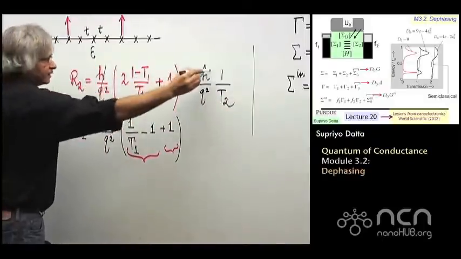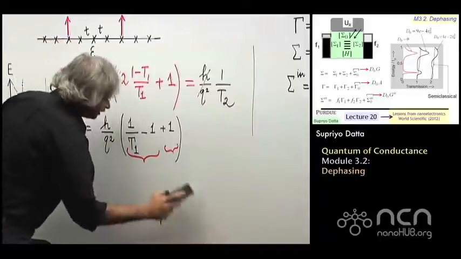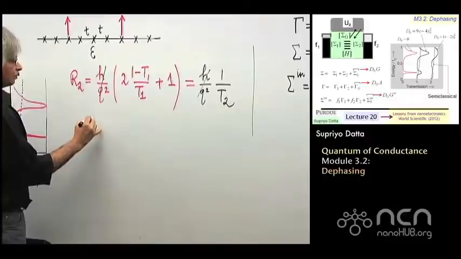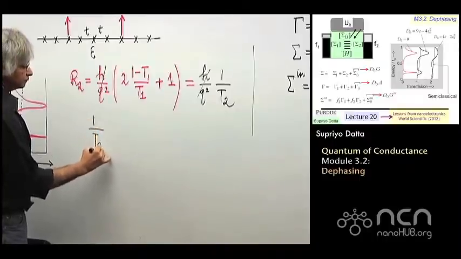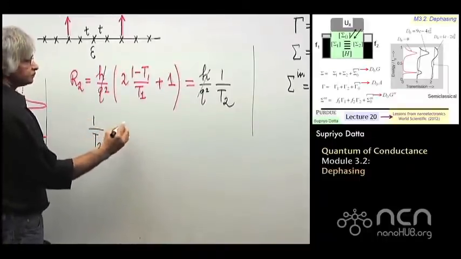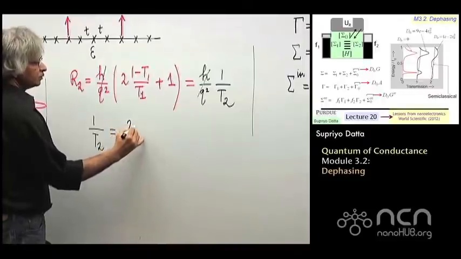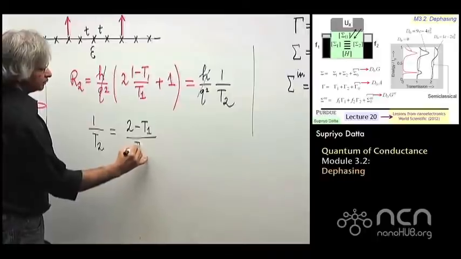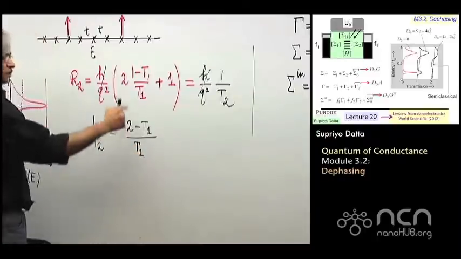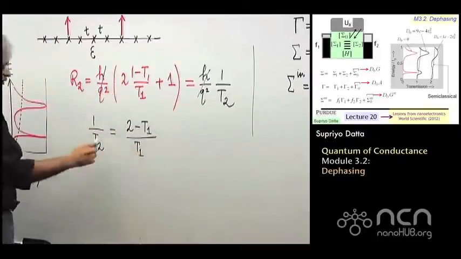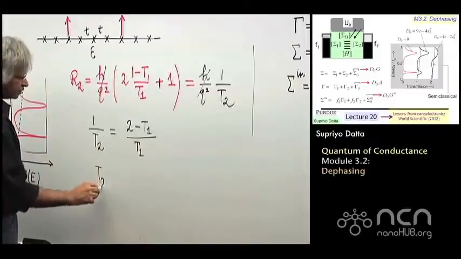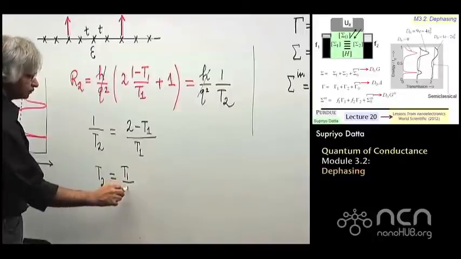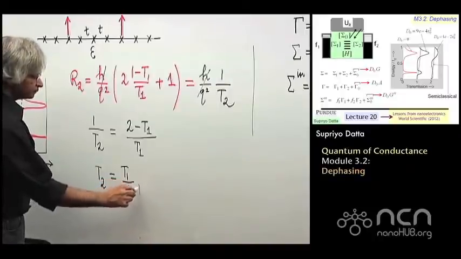I could cancel that, and the relation you'd have then is 1 over T2 is equal to (2 minus T1) divided by T1. It's just a little algebra. And if you turn it around, it tells you T2 is equal to T1 divided by (2 minus T1).